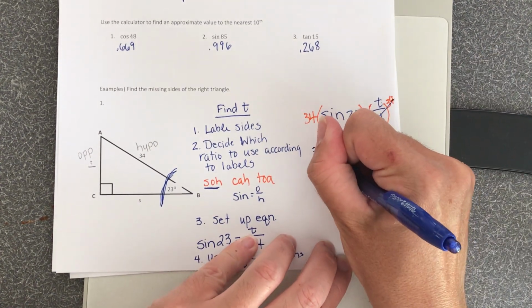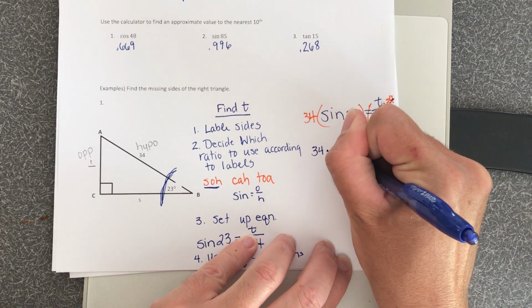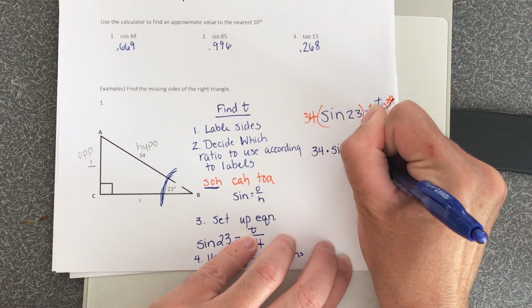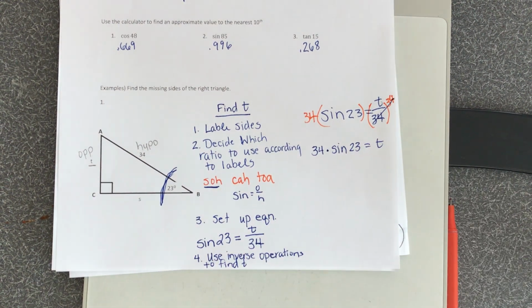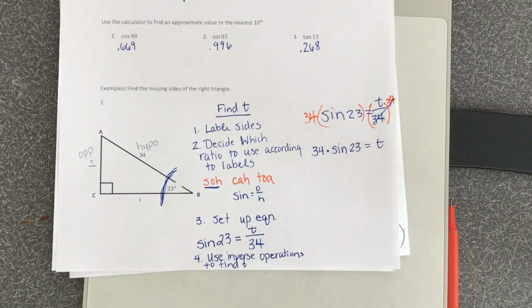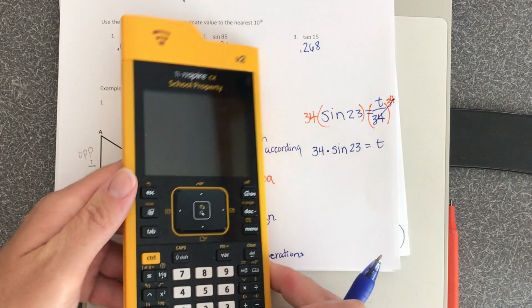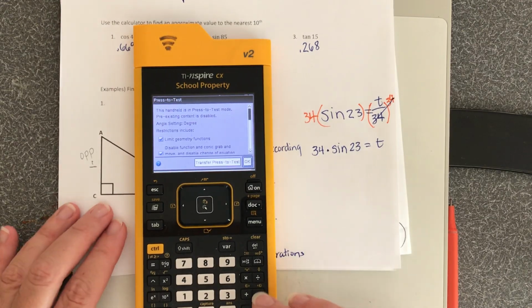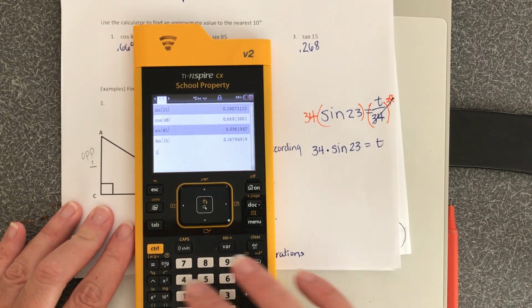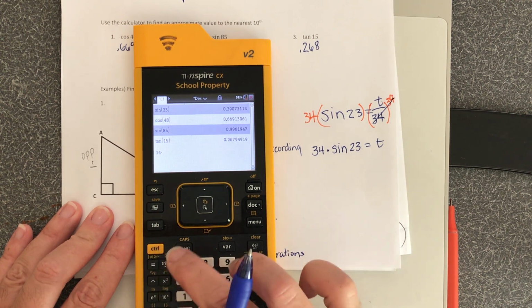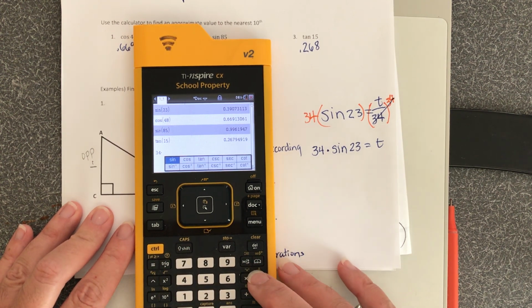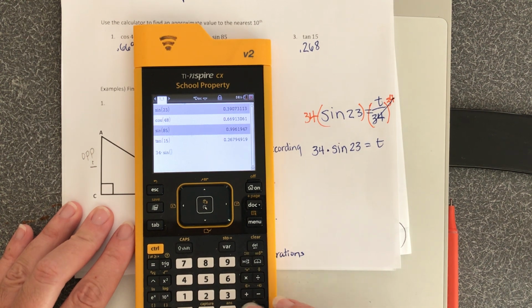So 34 times sine 23 is going to get me my value of t. And I'm going to type that into my calculator exactly like I see it. 34 times sine 23.